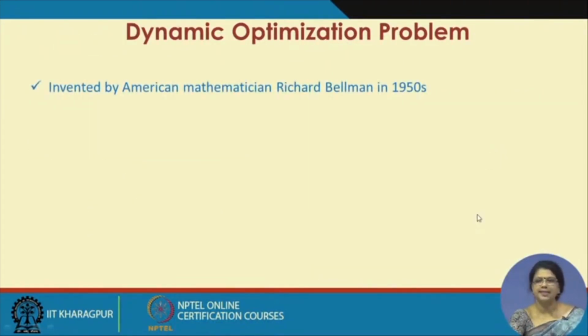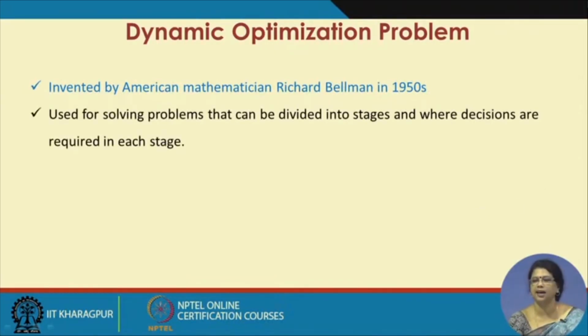Now, as I said, the optimization model can work in a dynamic situation or it can be in a static situation. In the model I showed you before, dynamic means in different time scales the model is changing, and a static model means at one point of time we are getting one static model.